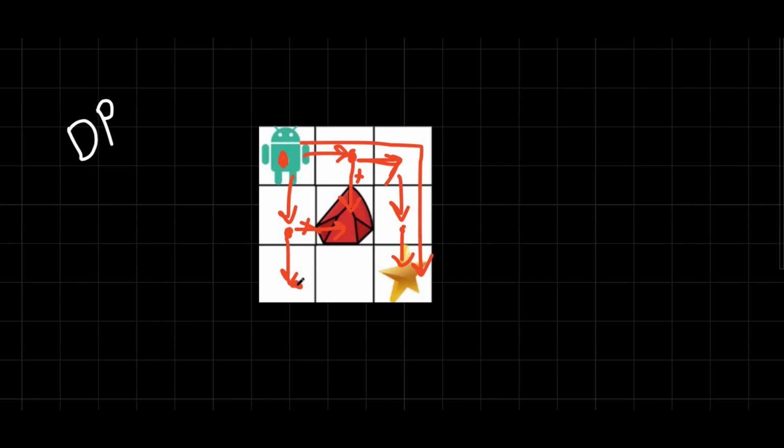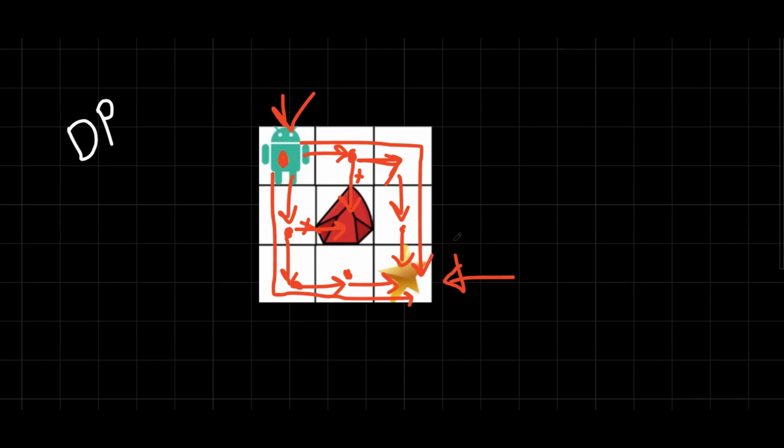And from the downward position, it has only one possible way, which is this. And from this cell, it can go right. So we can say that there is another possible way, which is this. So in total, there are two possible ways in which the robot can move from the starting position to the end position.